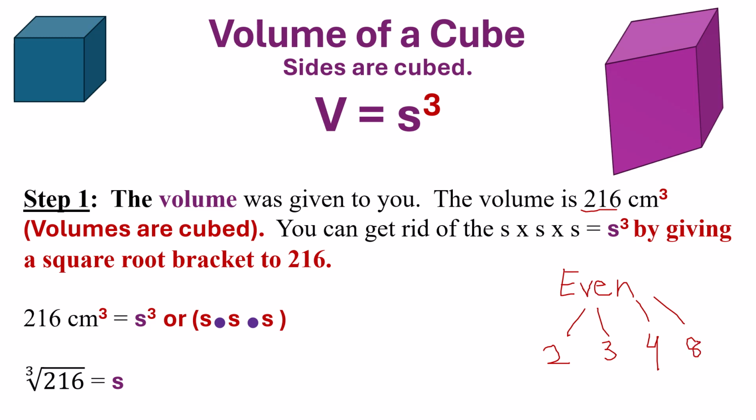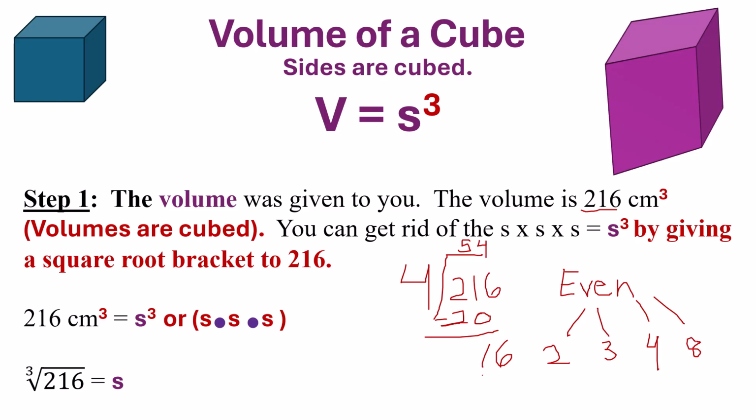And if you try them, I'm going to try 4 into 216, see if it'll work. Well, 4 times 5 is 20. And so it does work, and you'll get 54.